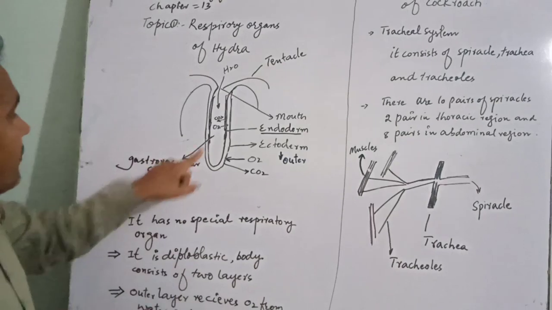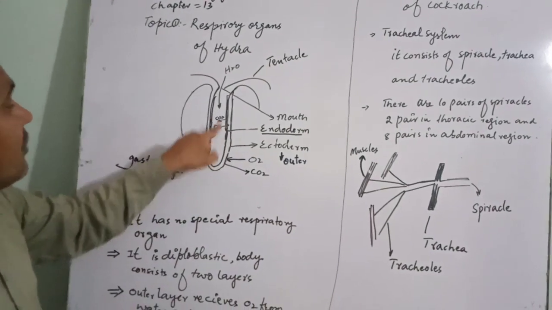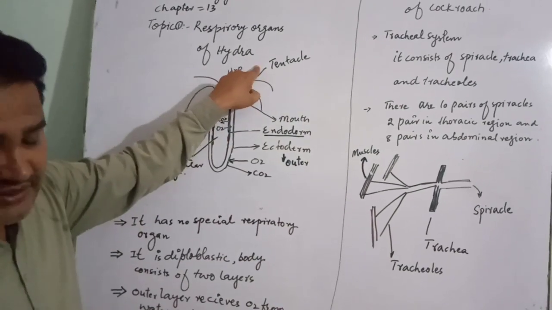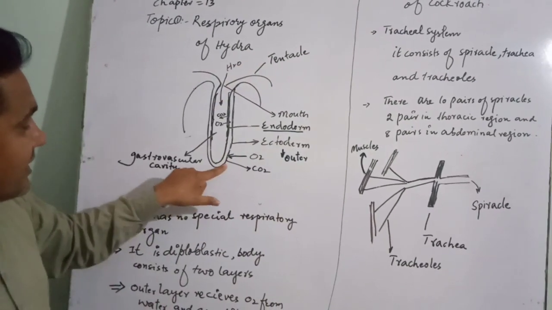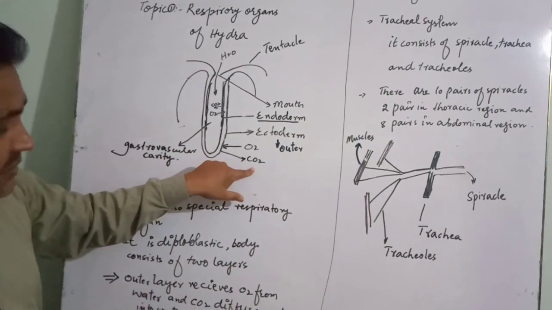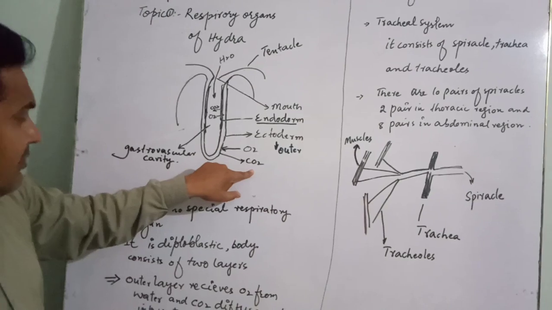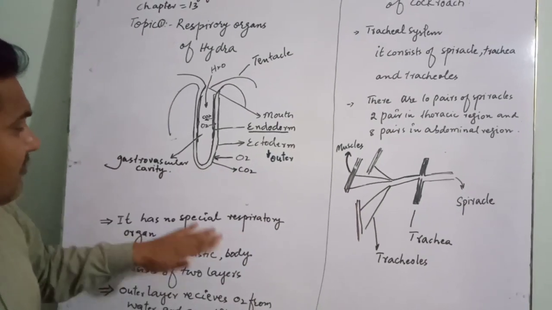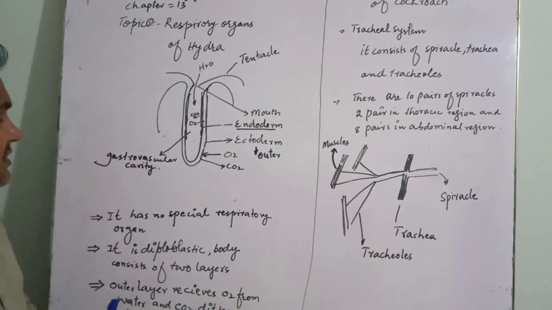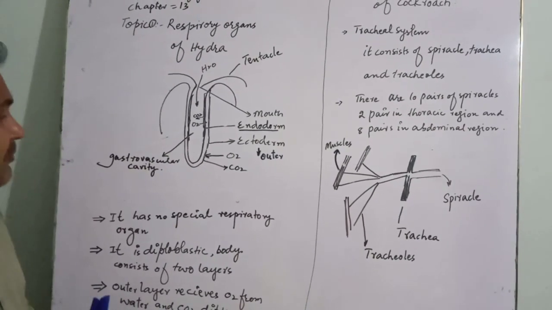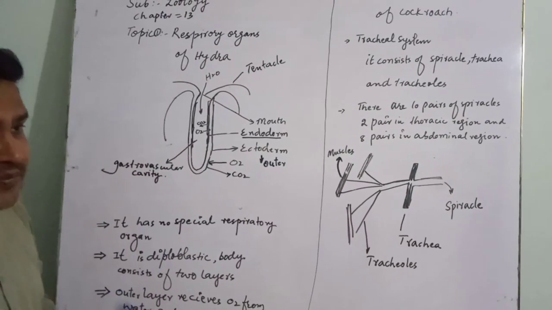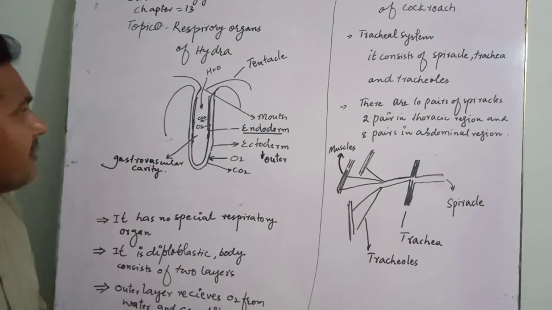So from its mouth carbon dioxide goes out of the body, and carbon dioxide also goes out of the body from the ectoderm. Simply we can say this animal has no special kind of organ. So simple diffusion takes place, a simple exchange of oxygen and carbon dioxide takes place in this animal.